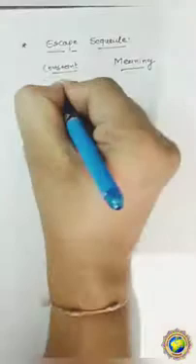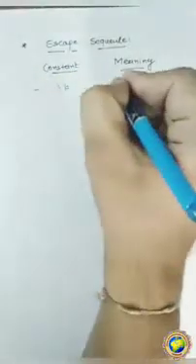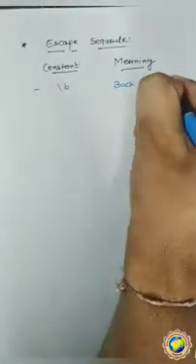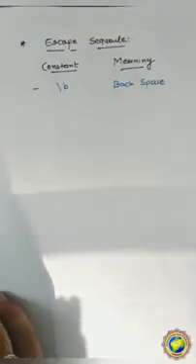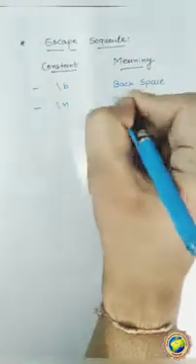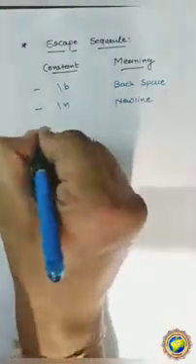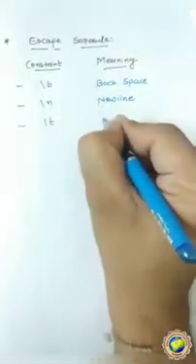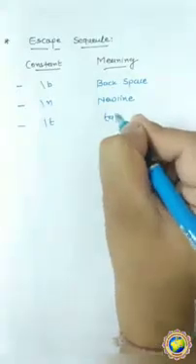The first one is \b, which is used for a backspace. Then \n is used for a new line. Then \t is used for a tab.